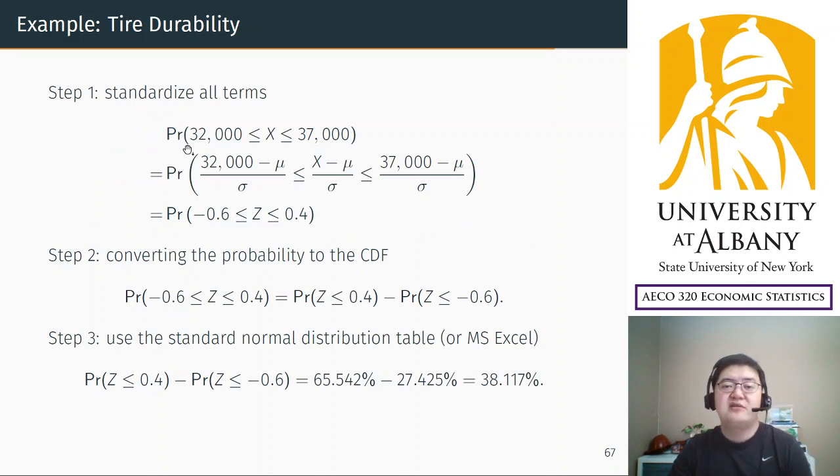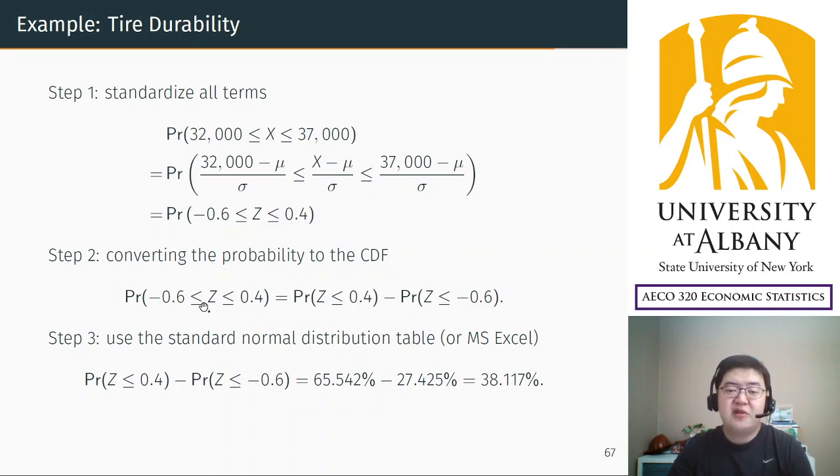So standardize. 32,000 becomes -0.6. 37,000 becomes 0.4. We have used these two numbers before. So the probability we want equals the probability between -0.6 and 0.4.